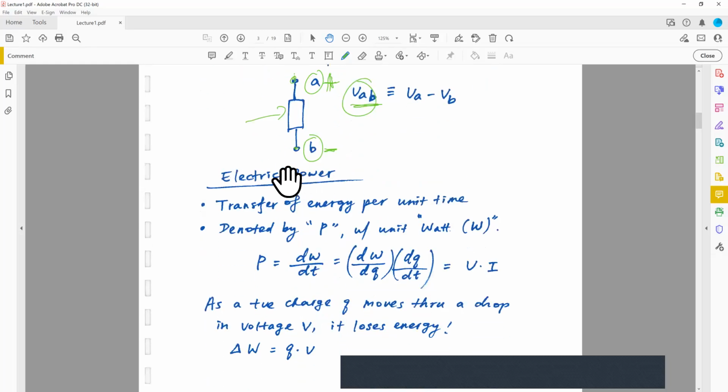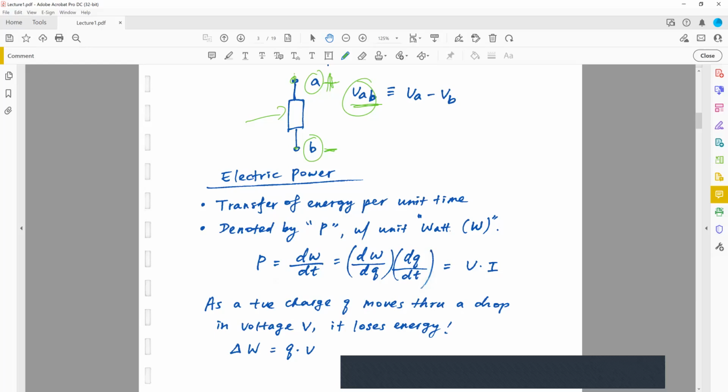Next, I have electric power. Electric power is defined as the transfer of energy per unit time. This is denoted by P, and the unit associated with this power is the watt. So P simply is equal to dW over dt, the derivative of the work done, this energy, with respect to time.